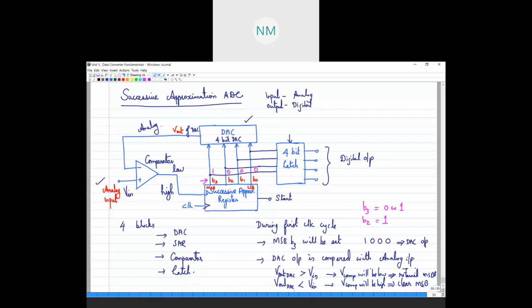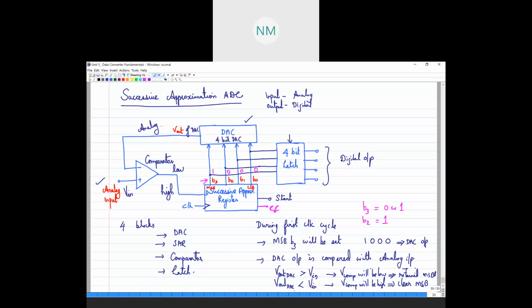So once all the bits are tried, since this is a 4-bit DAC, the comparison will be done from B3 to B0. Once all the process is done, the SAR ADC, your successive approximation ADC, has another signal which will produce a signal stating that all the comparisons are done. We mark that using a chip select CC signal.